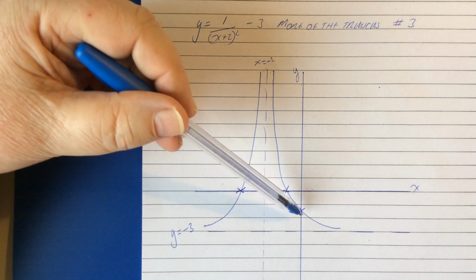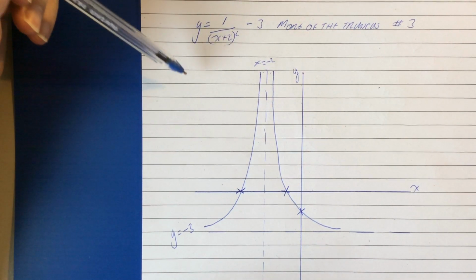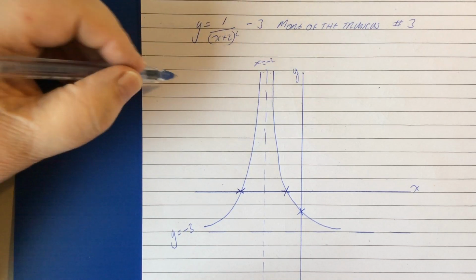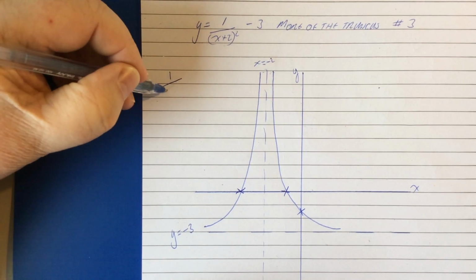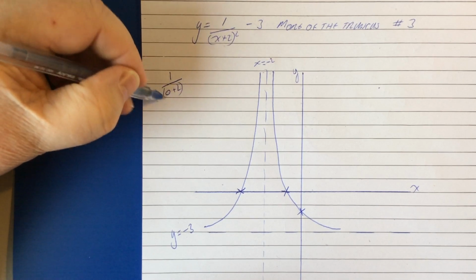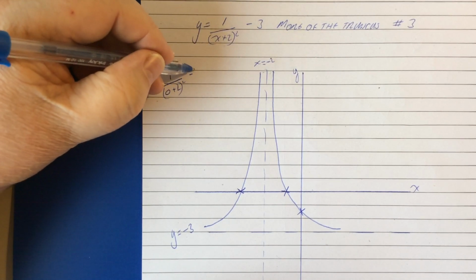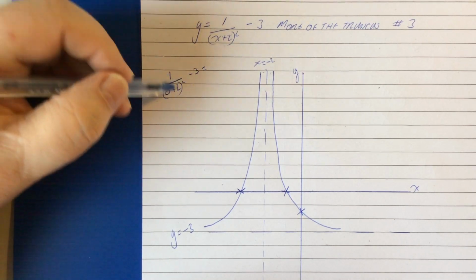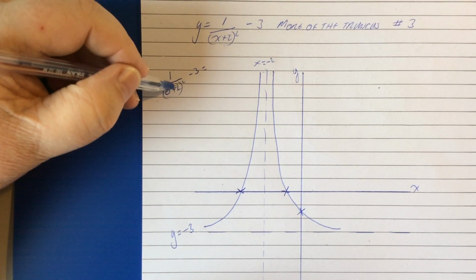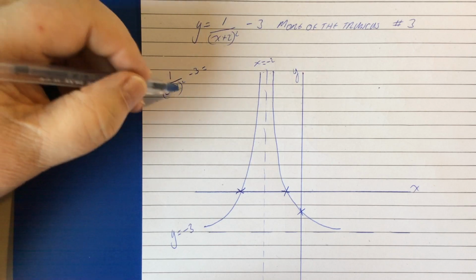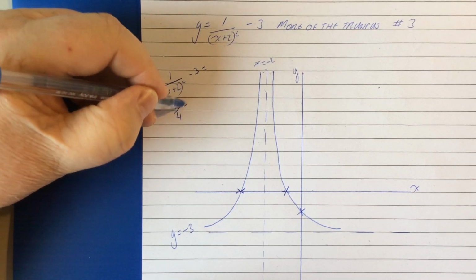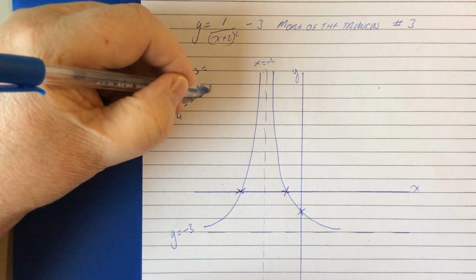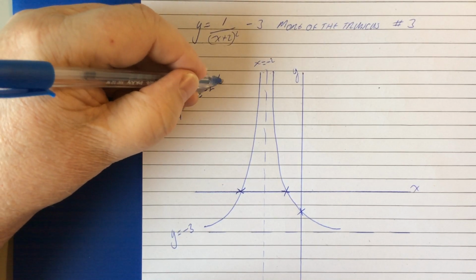What we'll start with is this point, because it's probably the easy one, in which case we just put 0 into this equation, and we get 1 over 0 plus 2 all squared minus 3 equals whatever it does. So let's work this out. That's 1 over 2 squared, which is 1/4 minus 3, and that equals -2 and 3/4.